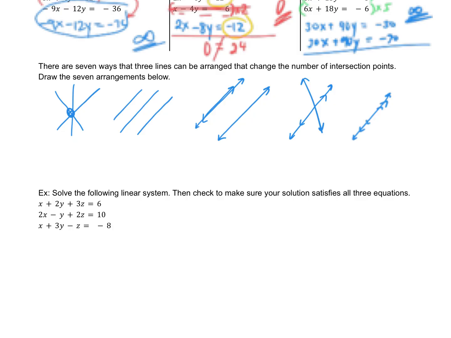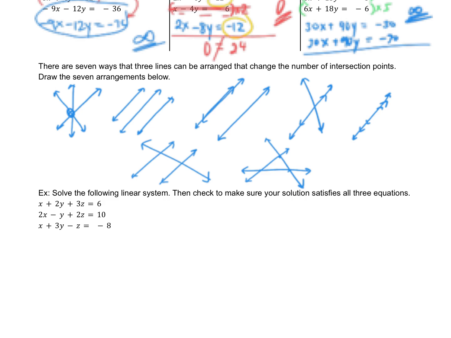So we have 5 arrangements so far. What about if I have 2 that are parallel, but the third one is not? Or what if each line intersects with the other, but at different points? So those are our 7 different arrangements.